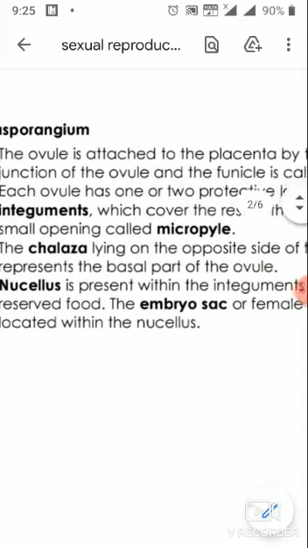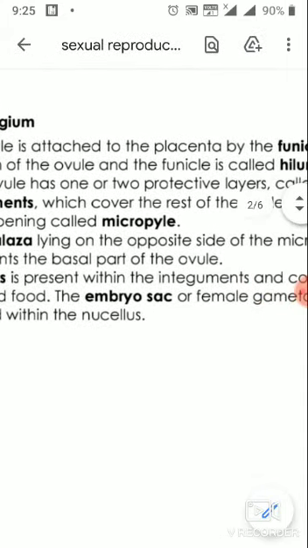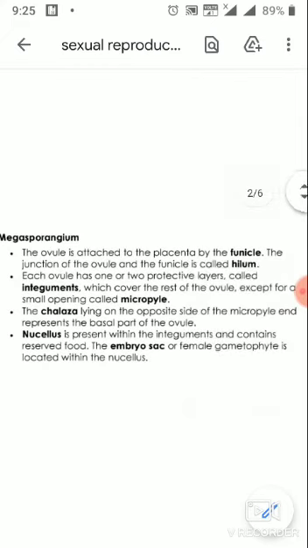Cells lying on the opposite side of the micropylar end represent the basal part of the ovule. The nucellus is present within the integuments and contains reserve foods.